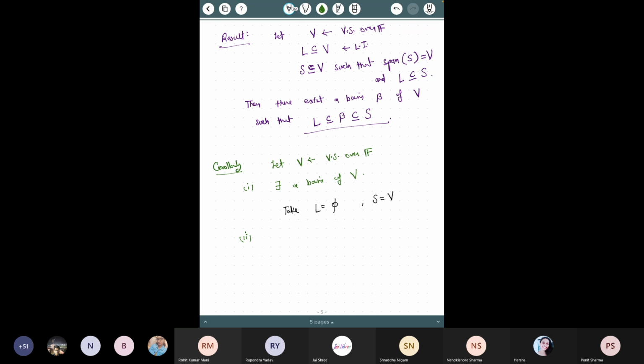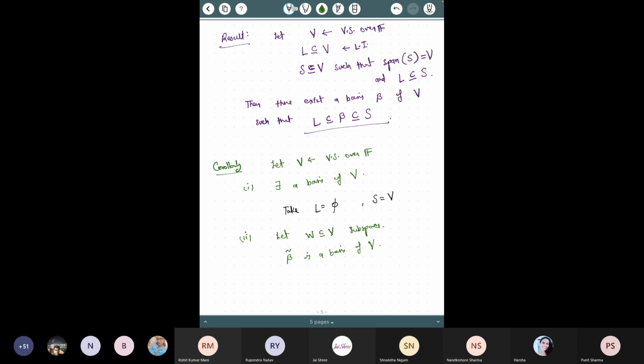Not only this, we can say many other things. For example, let's say we have a subspace W of V, and let B tilde be a basis of W. W is also a vector space, and we already know from the previous corollary that it will have a basis.